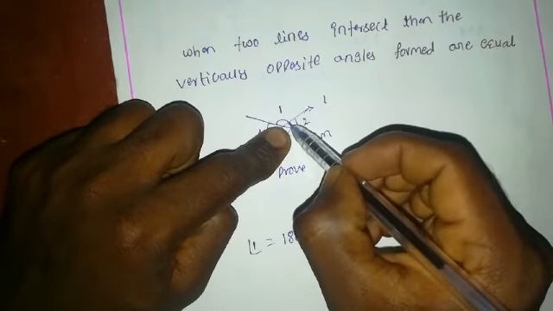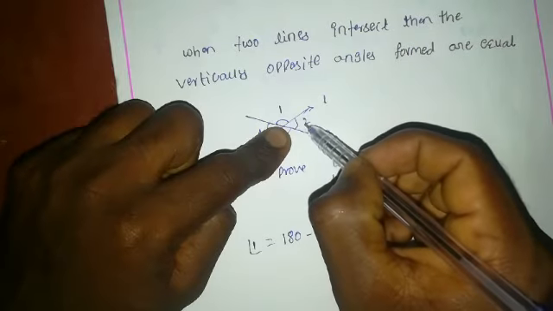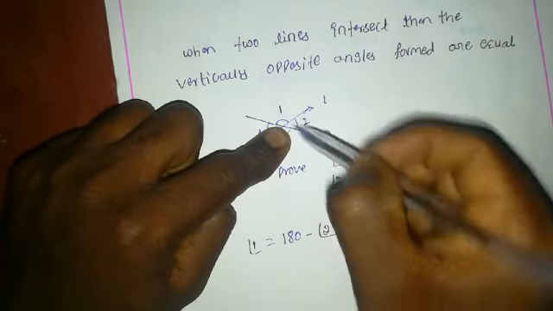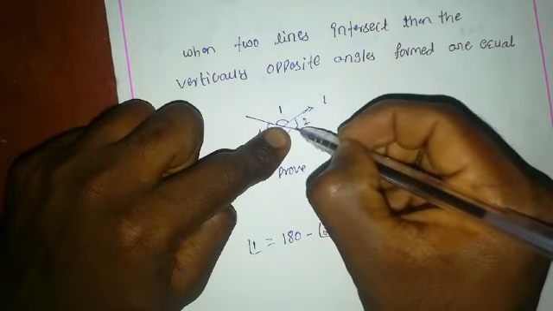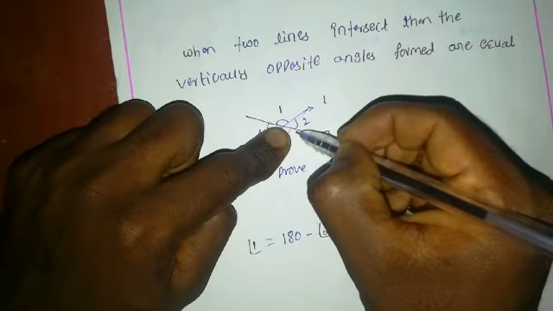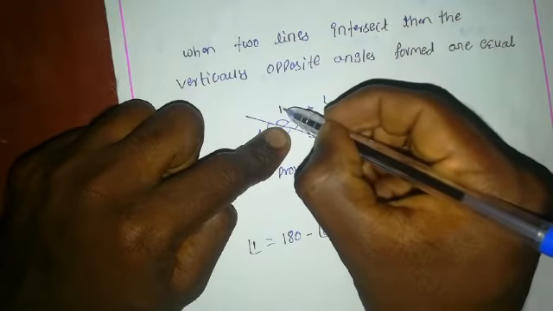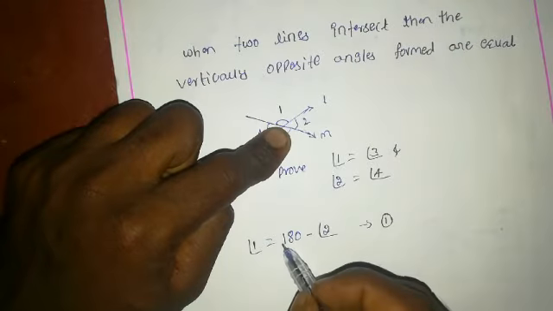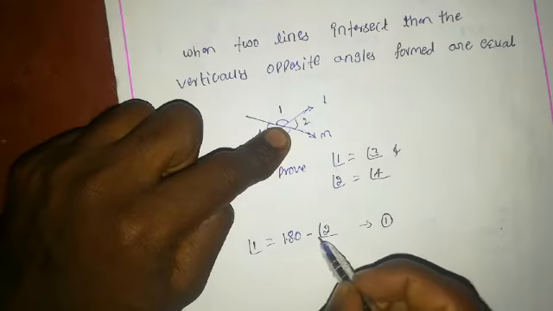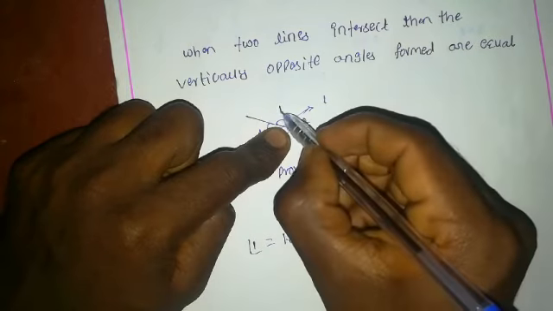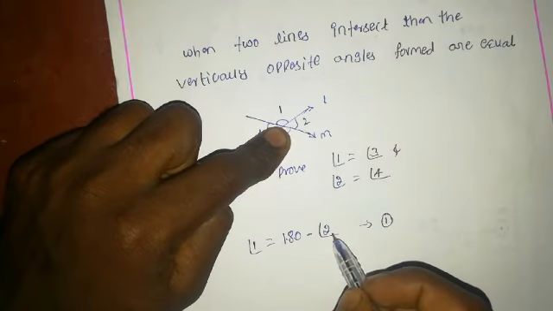To find it, we have to subtract angle 2 from 180 degrees, since the full straight angle is 180 degrees. So angle 1 is equal to 180 minus angle 2. This is the measurement of angle 1.